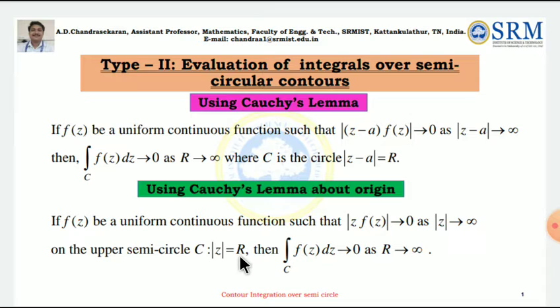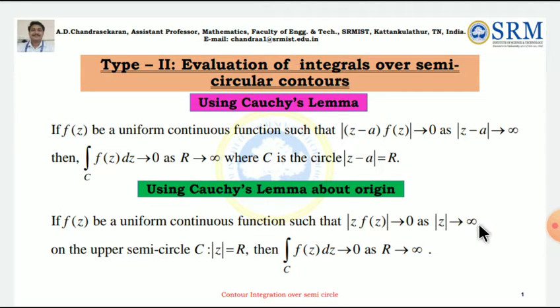When the radius tends to infinity, so that mod z tends to infinity, then mod z into f of z tends to 0. What is f of z? The same, it is analytic as well as uniformly continuous.